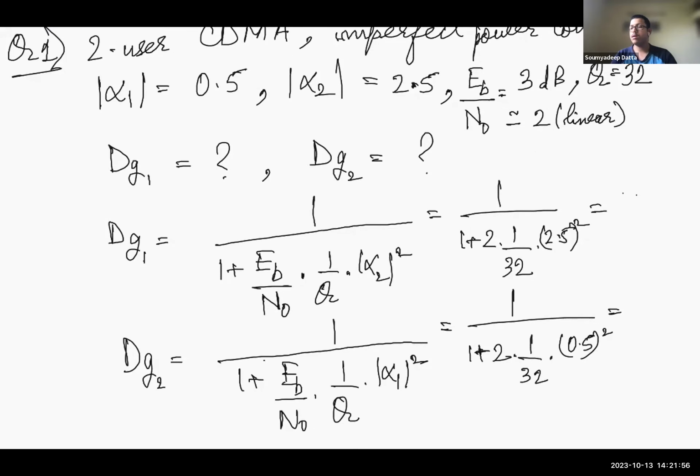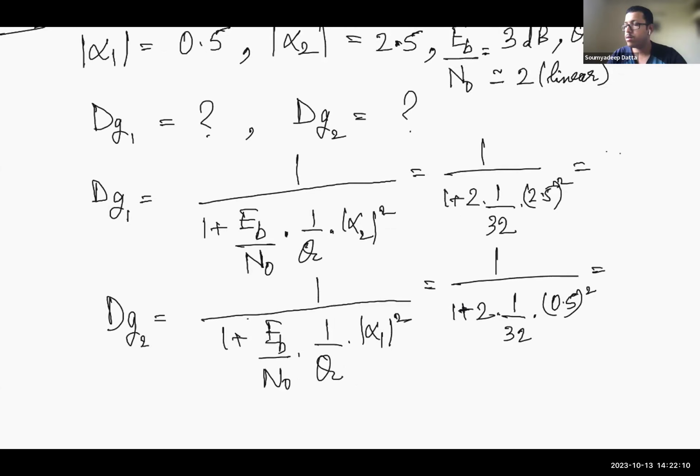It can be shown that for DG1, the formula, for either of the two users, is 1 by 1 plus Eb by N naught times 1 by Q times the squared mod of the other user's interference, the other user's correlation factor.